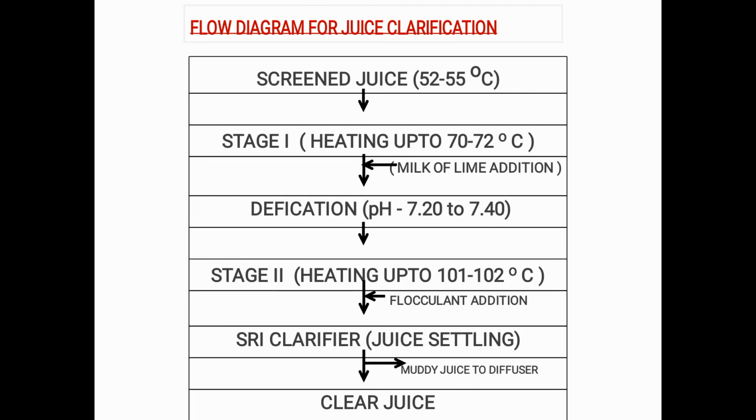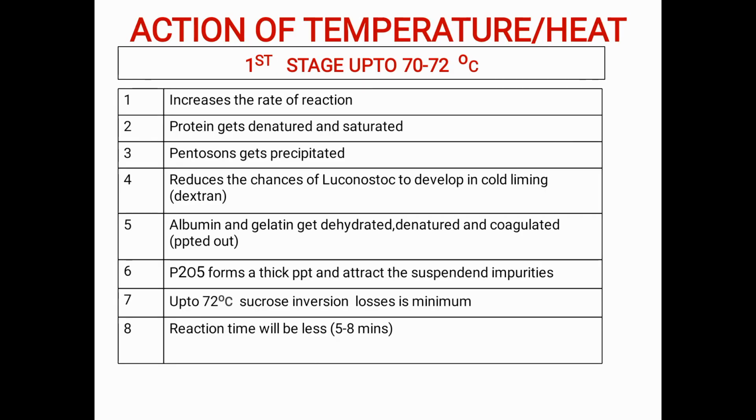Next, at that temperature protein gets denatured and saturated, meaning it will get precipitated easily. Third, pentosans get precipitated. Then it reduces the chances of Leuconostoc developing in the cold lining. What is Leuconostoc? Its name is Leuconostoc mesenteroides. If it is present in the juice, then it will form dextran.